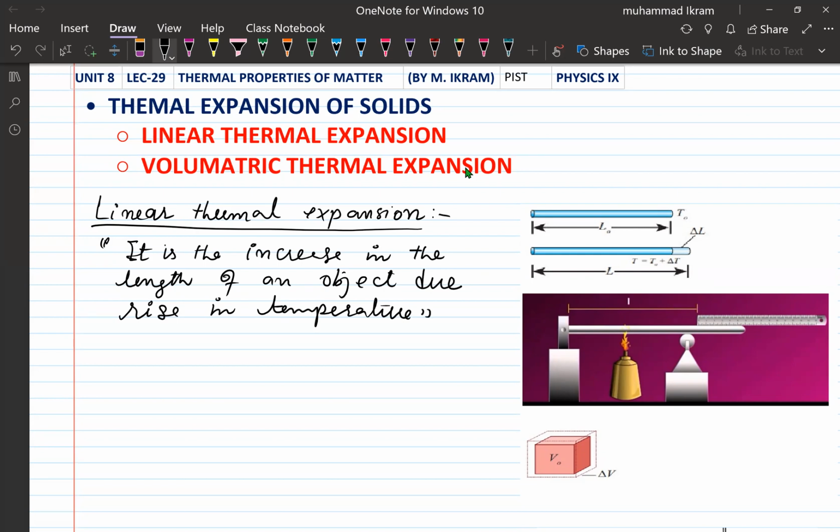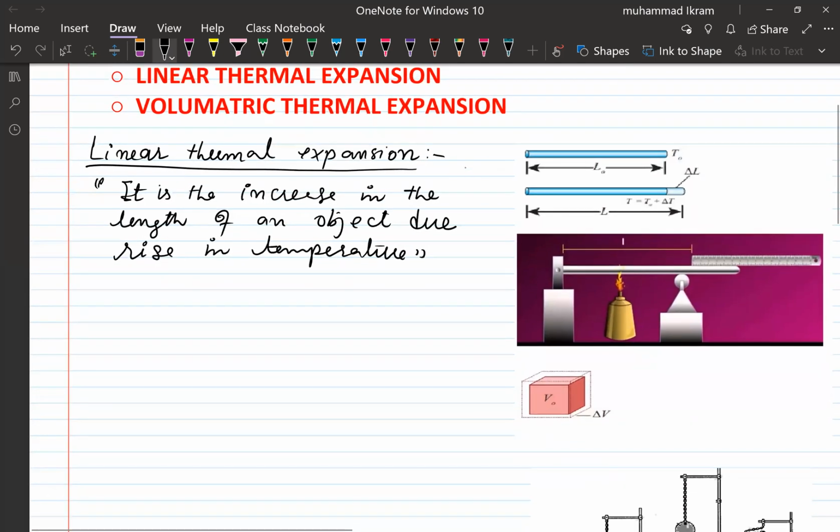So this is known as the linear thermal expansion. Now we will explain the concept of the linear thermal expansion.